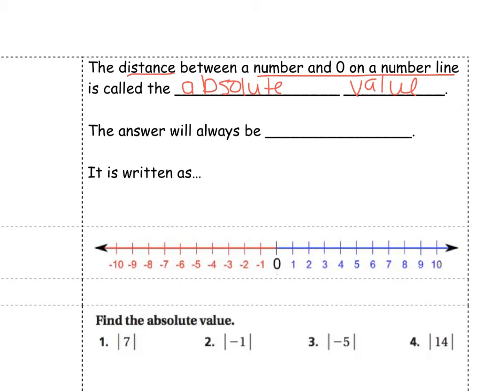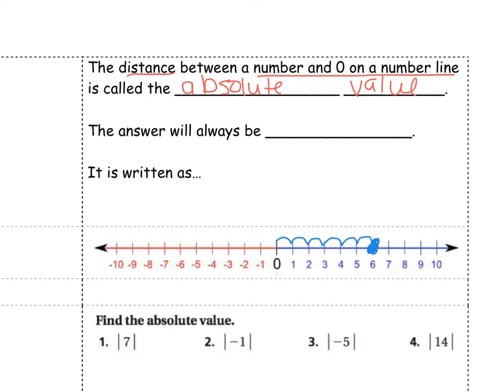For example, if we were talking about this point right here, 6. So I put a closed circle on the number line. 6 is 1, 2, 3, 4, 5, 6 places away from 0. So the absolute value of 6 would be 6.